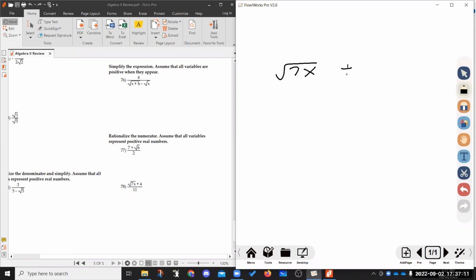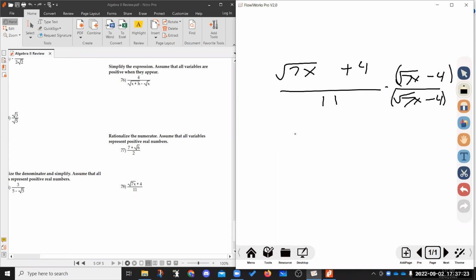So in the first couple of weeks of calculus, you'll know why you need to rationalize the numerator. 7x minus 4 or √7x minus 4. It's going to be 7x minus 16 over 11 times √7x minus 4.